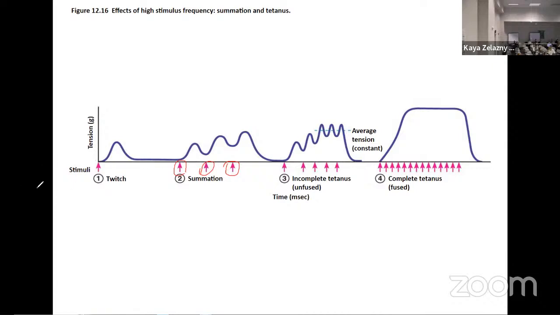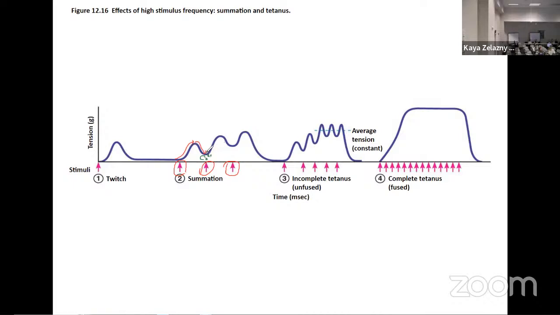Okay. So we can see that we had a latent phase, we had a contracting phase, we started to have a relaxing phase, but we didn't get all the way there. We didn't get rid of all the calcium, right? So the calcium is still hanging out here. We didn't go back to 0 by the time we have another action potential come in.